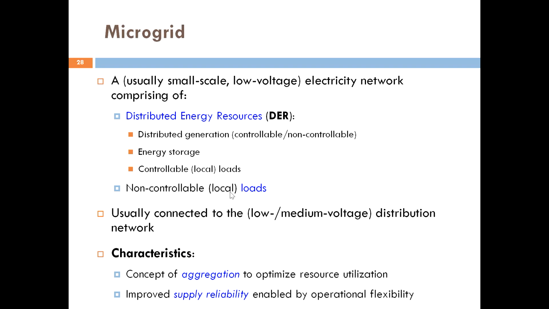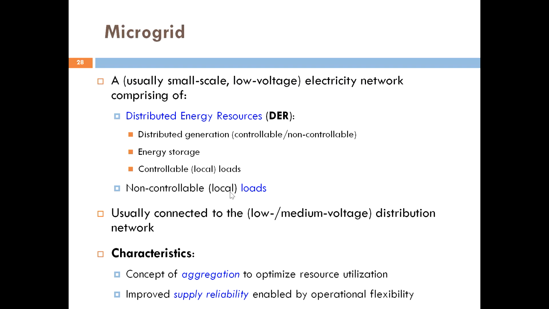The main characteristics of a microgrid, or the basis for its development, we have the concept of aggregation. So we try to aggregate a variety of resources to try and optimize the utilization of these resources.